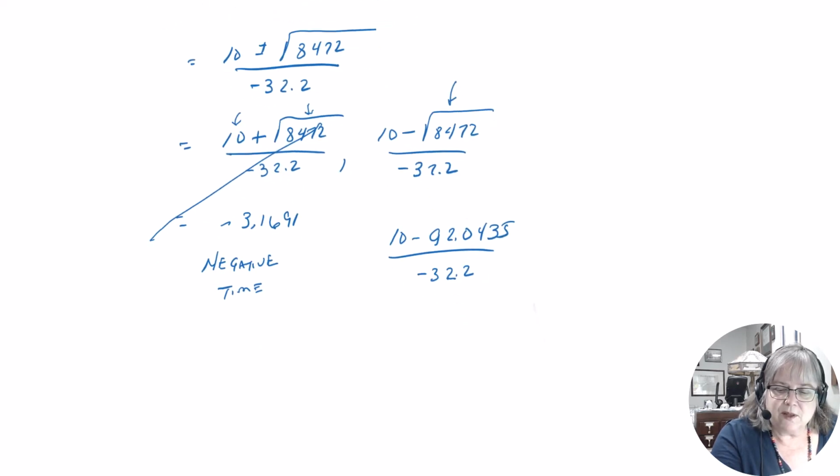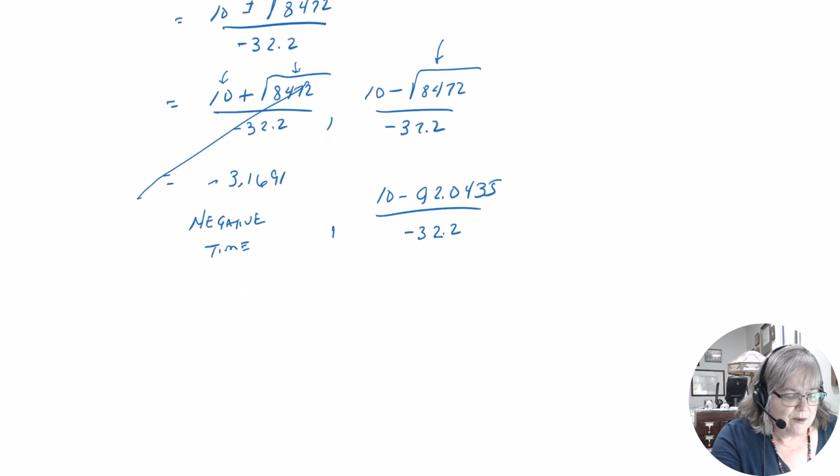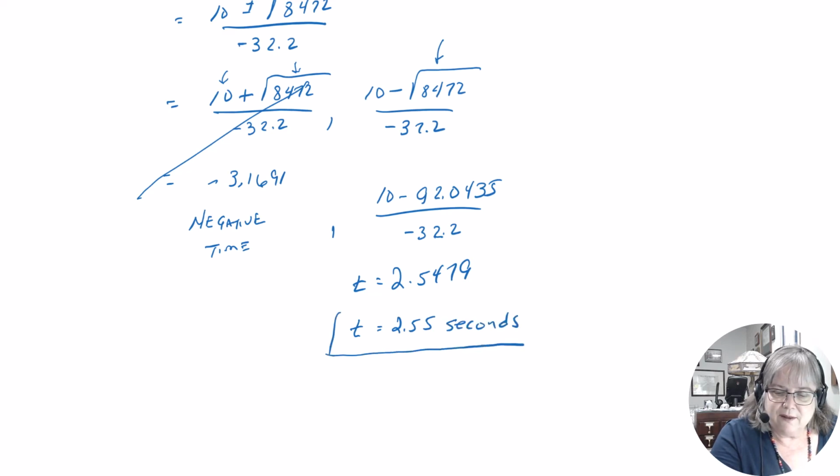So this is going to be a negative divided by a negative. That would work. So this turns out to be 2.5479. So t is 2.55 seconds.